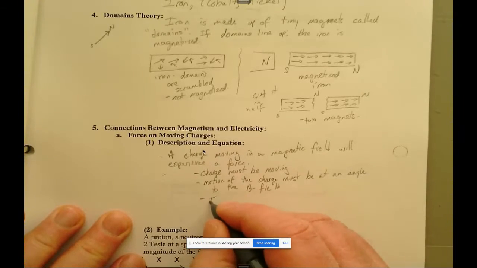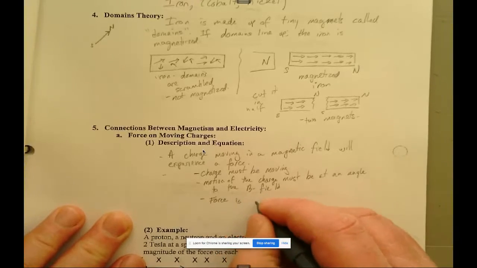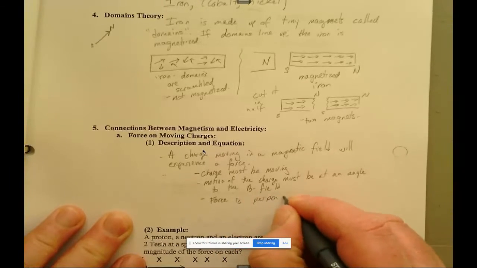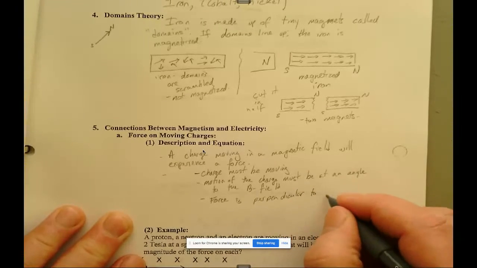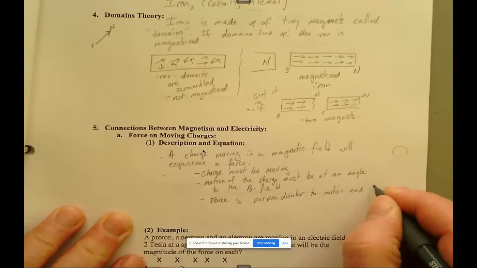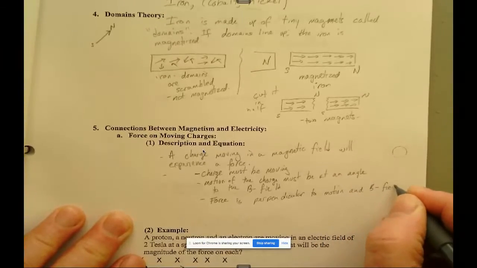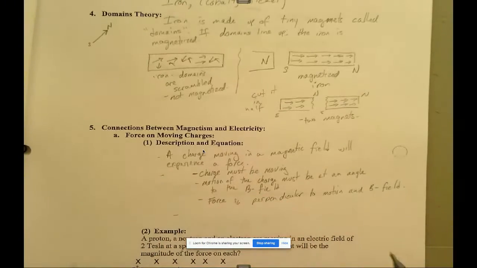And the force, and we're going to deal with this more later, is perpendicular to the motion and magnetic field. So that's kind of weird.